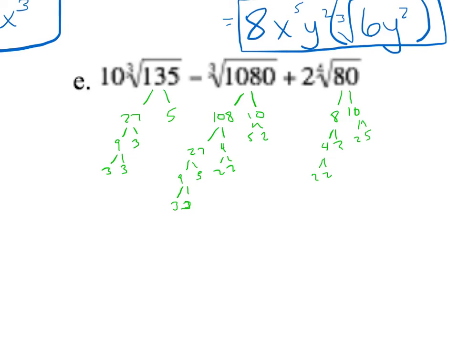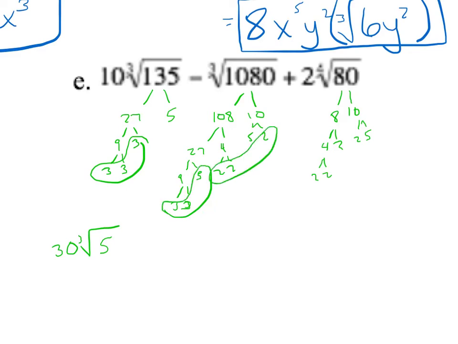And we're looking for groups of 3. Here's a group of 3 here. That comes out. This becomes 30 cube root 5. We have a group of 3's and a group of 2's with a 5 left over. So we have minus 6 cube root of 5. And we have a group of 4 2's right here.